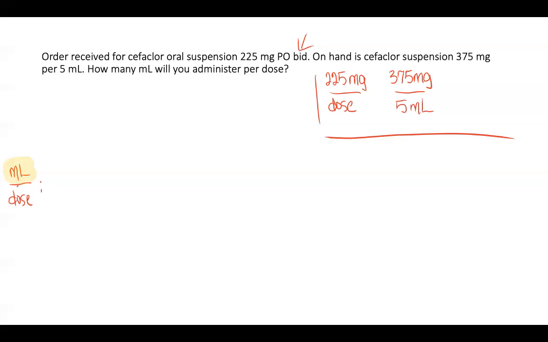So I come up to my box and look for milliliters. I have 375 milligrams over 5 milliliters, but I want the milliliters on top, because the very first thing that I put in the numerator needs to match what I'm looking for.